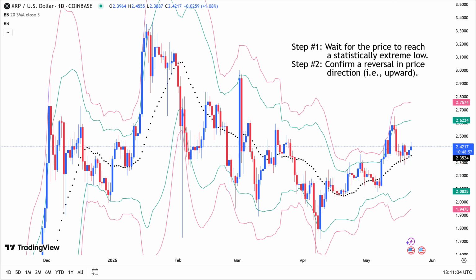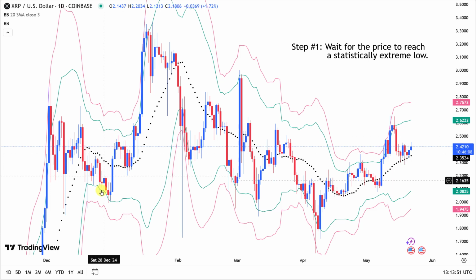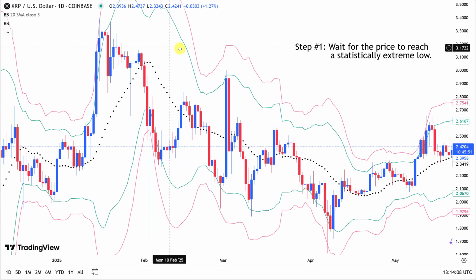Because this is a reversal strategy. The price is dropping, it hits an extreme low, and then reverses and goes up. I'm not going to discuss step number 2 in this video. I'll leave it for another. Now notice that when the price did drive up to its ultimate high, again, it hit 3 standard deviations here, and then the next day went up and hit that as well.